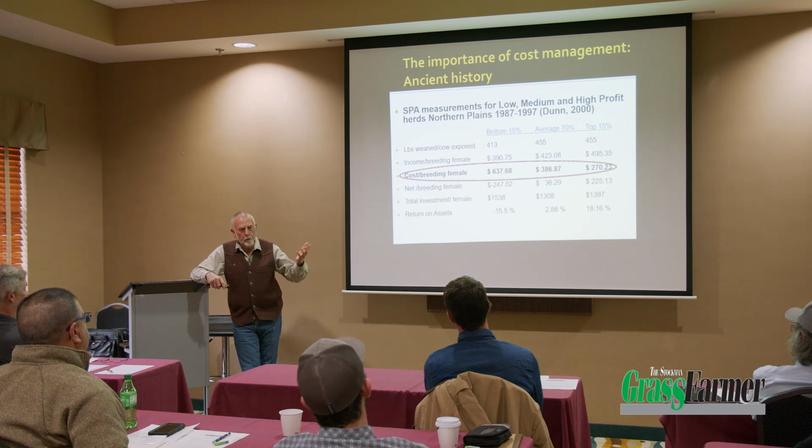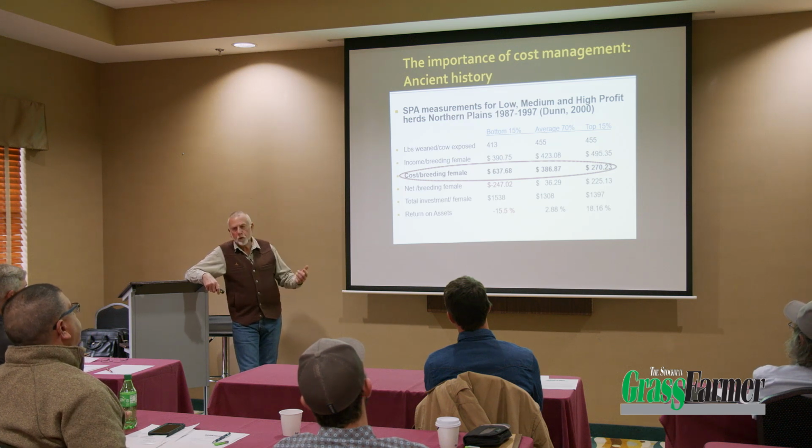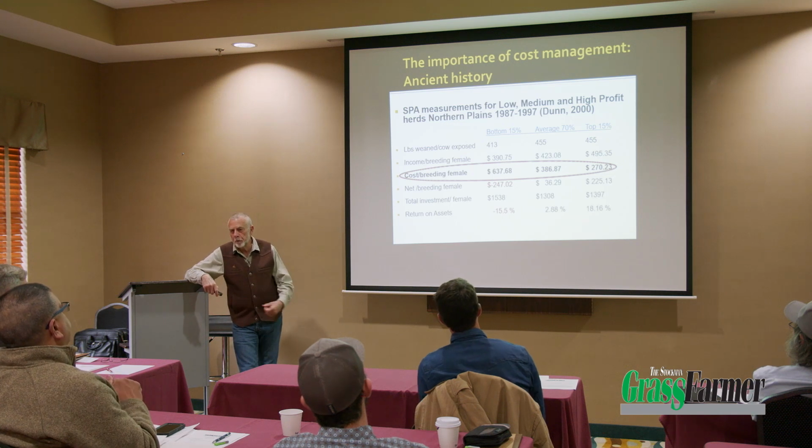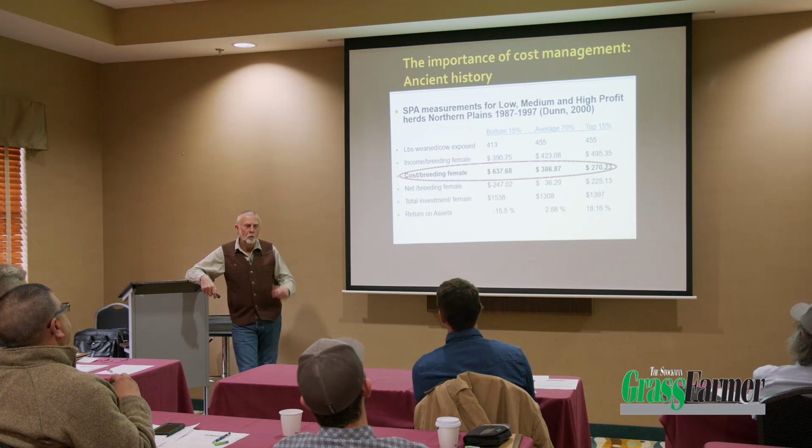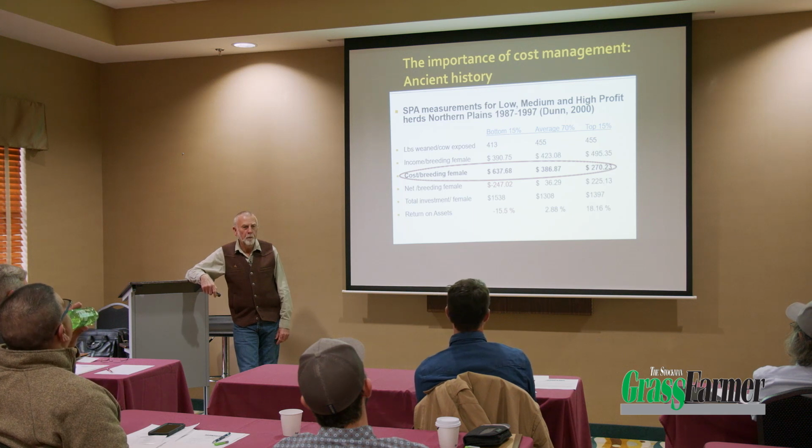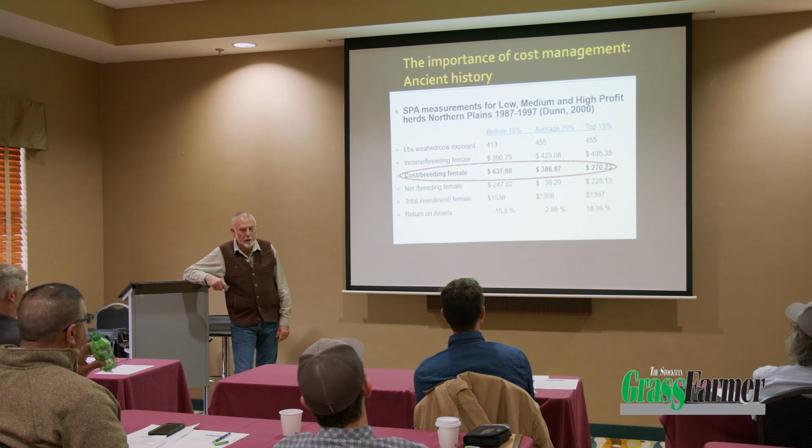Each pound for them is worth $2.50. What were cattle prices at this time? Probably at the top of the cycle, just over $1, $1.05, $1.10 maybe. Bottom of the cycle, 70 cents. Yet they're getting $2.50 a pound value out of it.